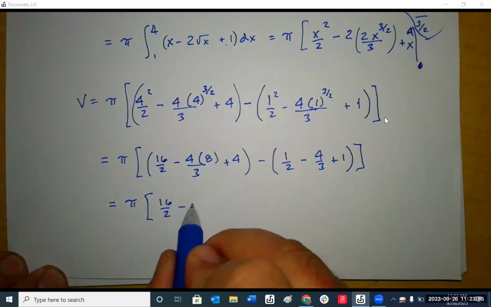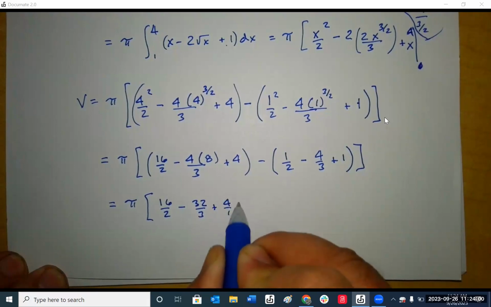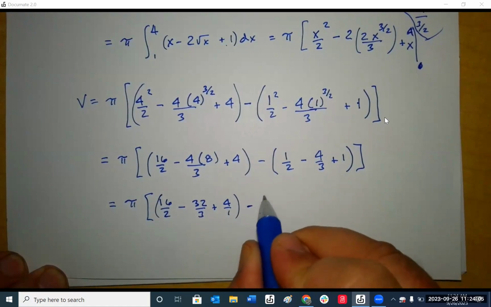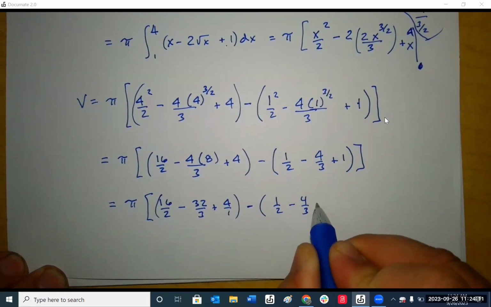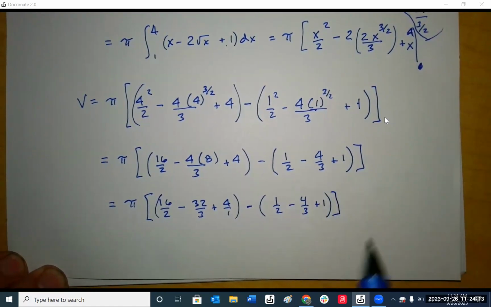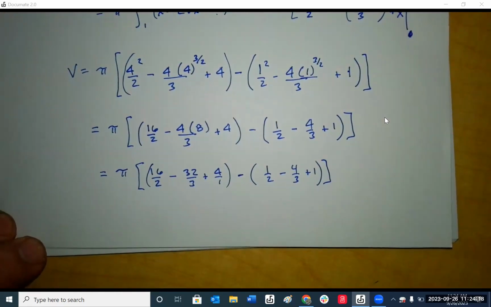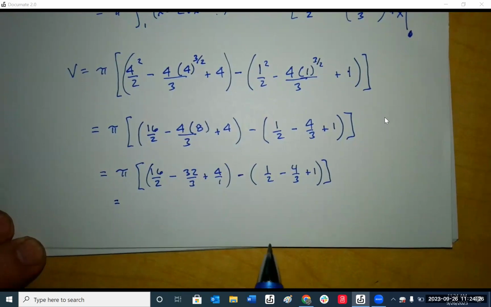Sixteen over 2, 32 over 3, 4 over 1, minus 1/2 minus 4/3 plus 1. The LCD is 6.